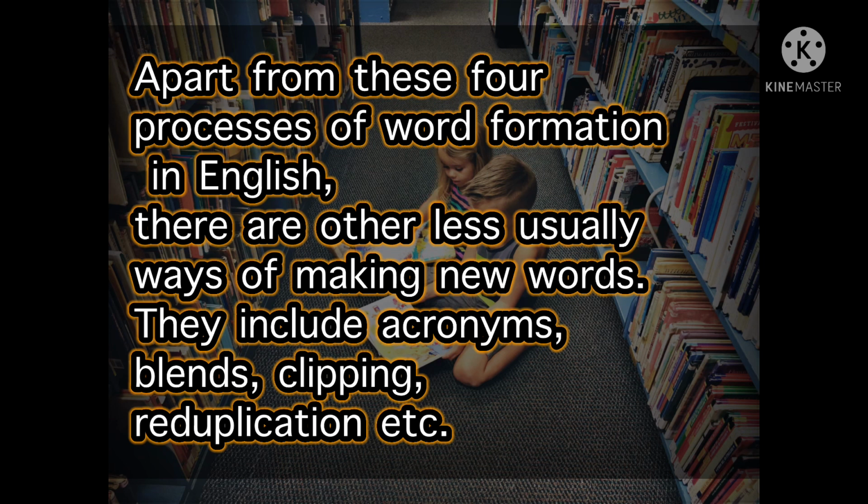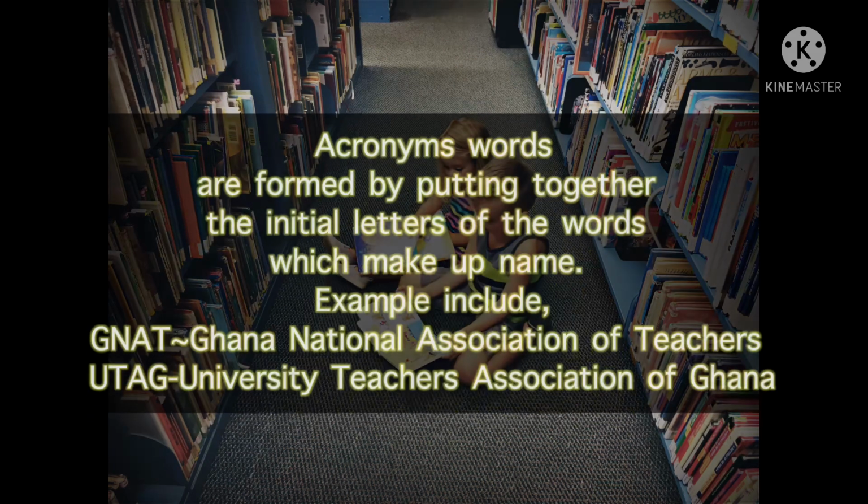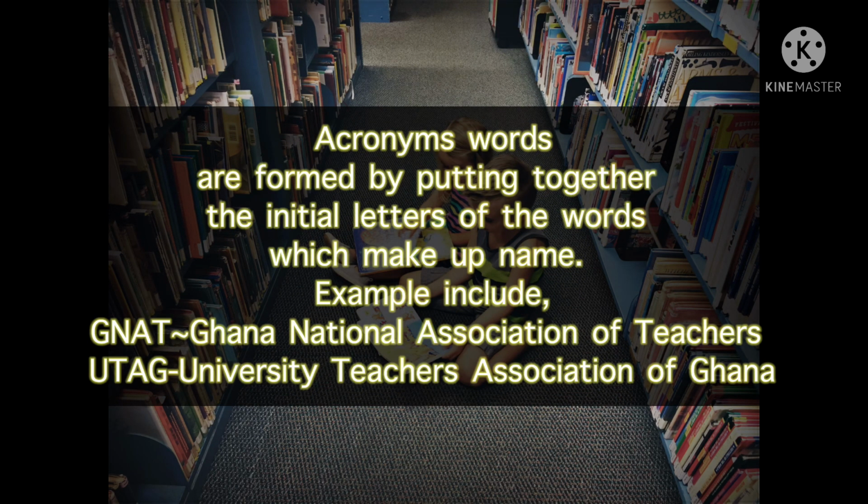From the 4 processes of word formation in English, there are other less usual ways of making new words. These include acronyms, blends, reduplication, and clipping. First of all, let us talk of acronyms.